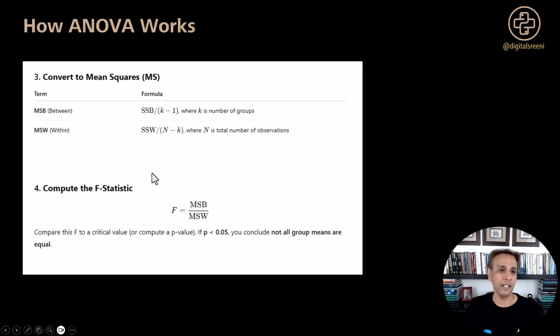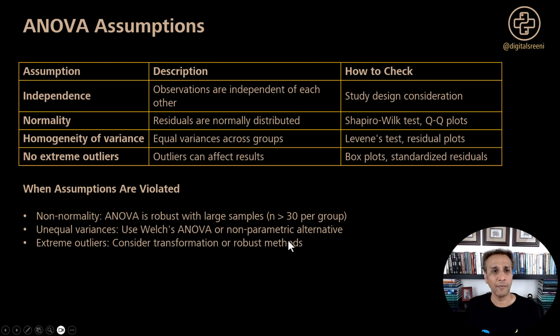And then the F statistic is, as we already looked at, MSB over MSW, between divided by within. Compare this to a critical value, or compute the p-value. If it's less than 0.05, then we conclude that not all group means are equal. If you're like me, you want to walk through an example, which we'll do in a minute.